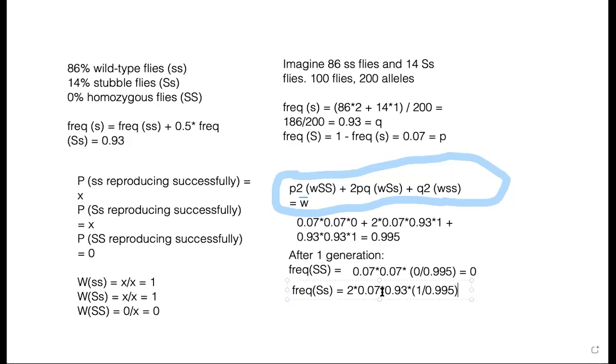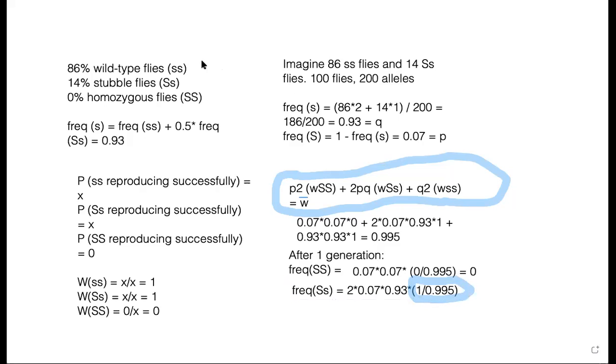2 times 0.07 times 0.93, that is what you would expect that genotype frequency to be if there were no selection. That's just 2PQ. If we're in Hardy-Weinberg land, the frequency of that genotype in the next generation should just be 2PQ. 2PQ multiplied by the relative fitness divided by W bar, that relative fitness over W bar term, that is the number that gives you the strength of selection.